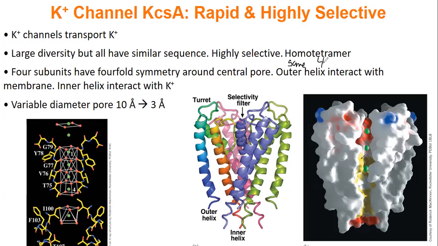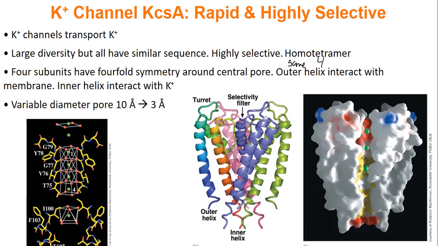And they're very selective in that they only let potassium through. They don't let calcium through. They don't let sodium through, only potassium. And how this works is that the subunits kind of form like a cone almost, where they form the pore.